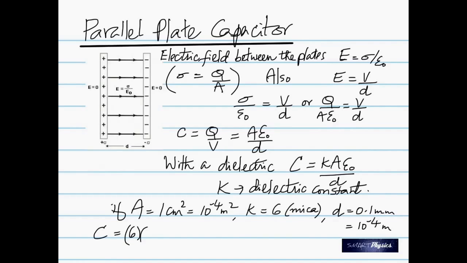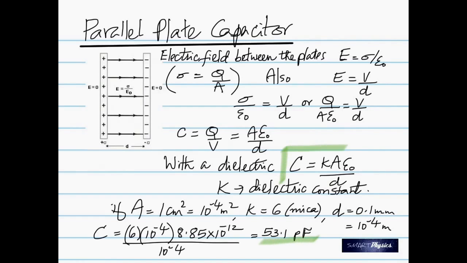On substituting all these into the equation, and calculating, you get 53.1 picofarad. Now, let me also remind you that the dielectric between the two plates in this case is assumed to fill the whole space between the plates.